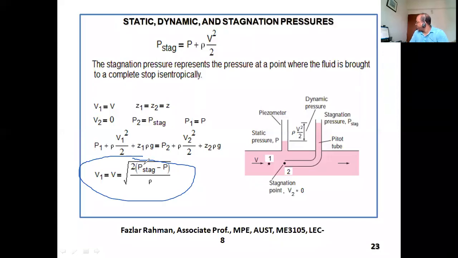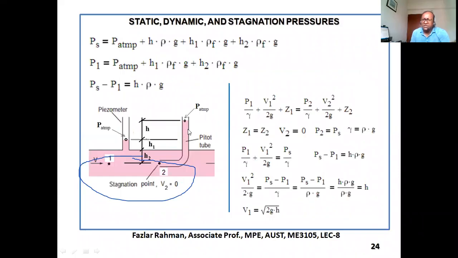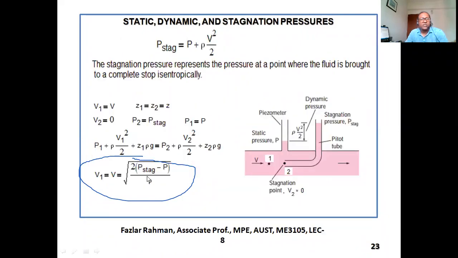Okay. Now let's see, if you look at a simpler way and apply manometry, you can easily measure the velocity without measuring the P stagnation pressure. Because with this piezometer and these 2 points, if you add a U-tube manometer, then what will happen?